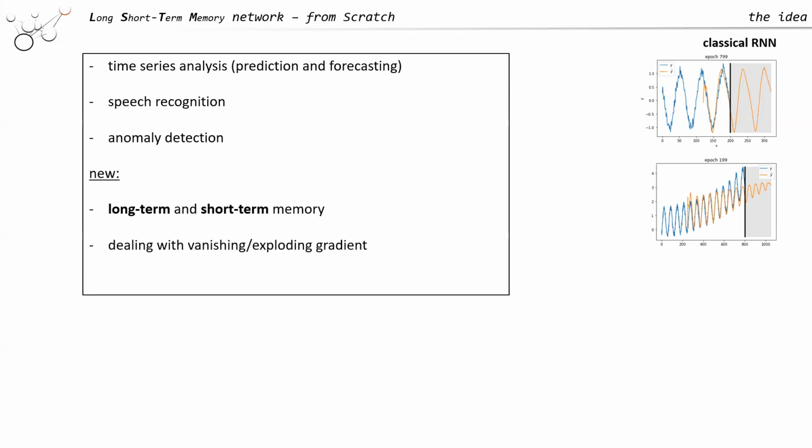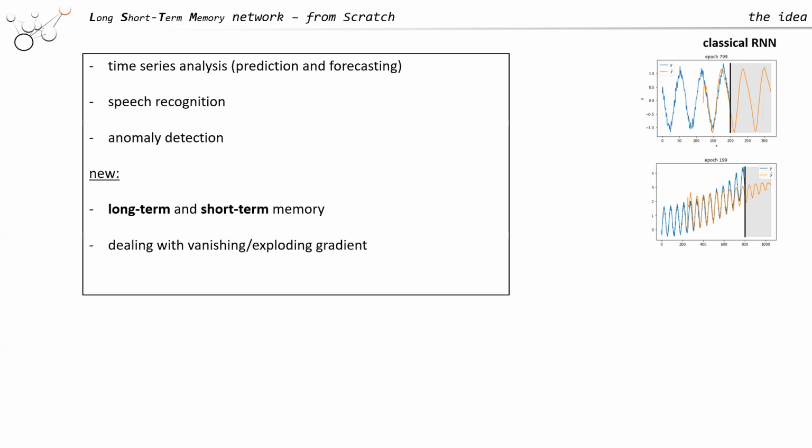And it also will deal with the vanishing and exploding gradient, the problem we had for the classical RNN. And there are lots of benefits we can get from that. So it will be more stable. It will be also faster.